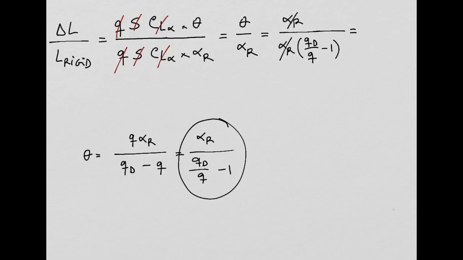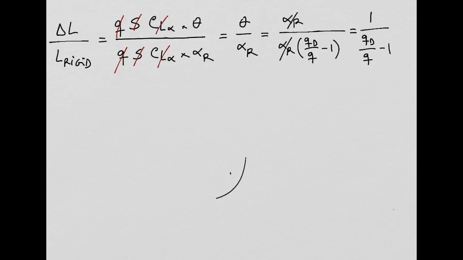And then I can say this is going to be equal to 1 over qd over q minus 1. And for convenience, I'm going to continue here. I'm going to write this last expression. So what I'm going to do is multiply both the numerator and denominator by the dynamic pressure.